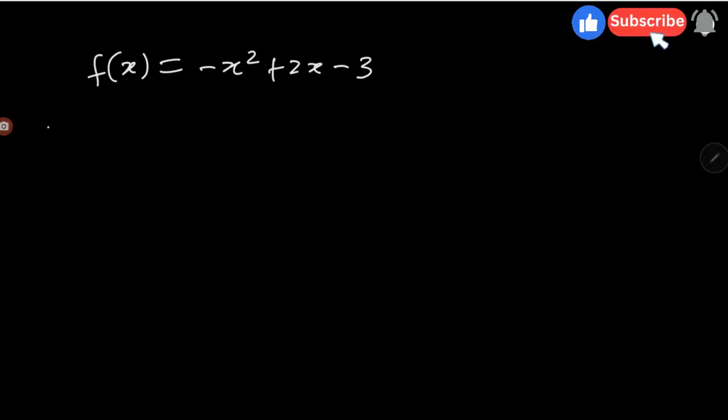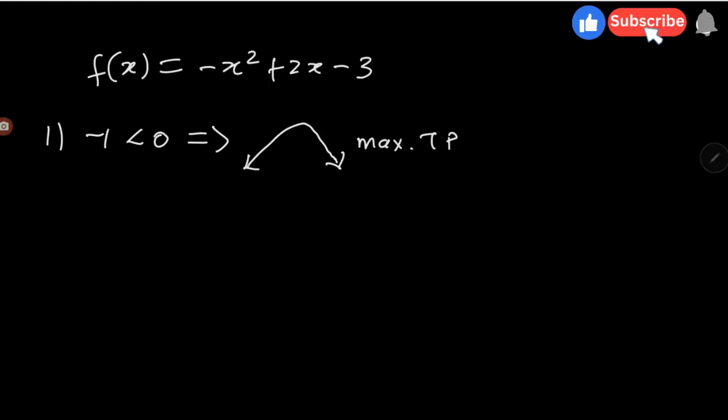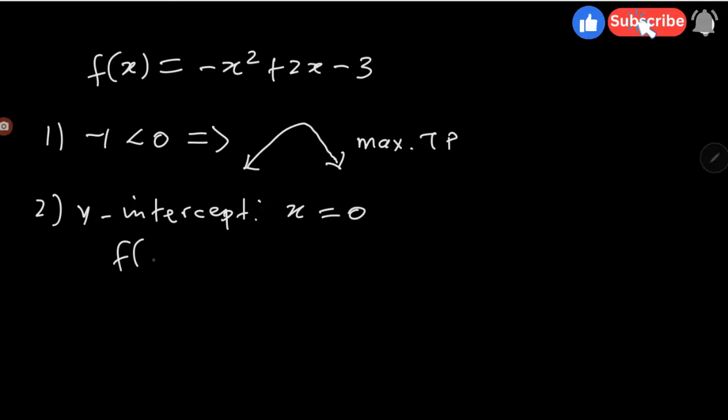So number one, we know the coefficient of x squared is minus 1, which is less than 0, meaning our graph will open downwards to have a maximum turning point. Number two, we need to find the y-intercept. This is when x is 0. So f at 0 will simply be minus 3, and this point will be 0, minus 3.